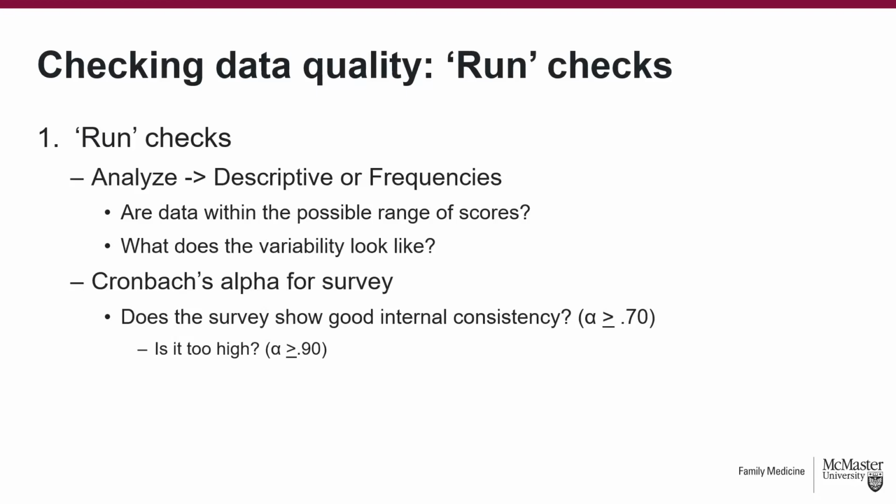Now, you're not just going to cross some items out because it's validated in a certain way, but it's something to be aware of. It means all those items are measuring the same thing. They're redundant, you could just ask one question. To do the Cronbach's alpha for the survey, it's analyze, scale, and then reliability analysis, which are the click points.